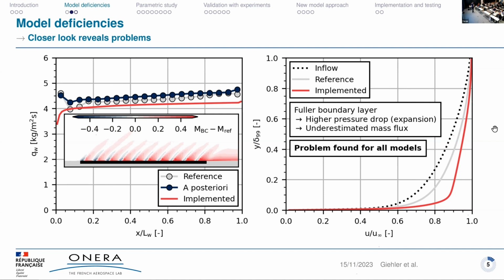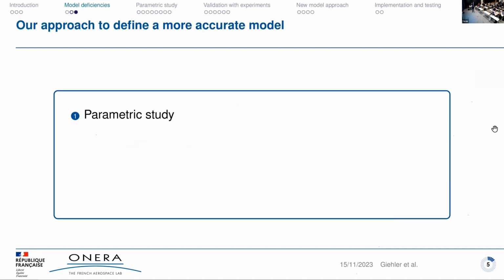But on the other side, as we have more momentum in the boundary layer, we also have a higher deflection, so a stronger expansion fan at the beginning of the blade, and a bigger pressure drop. And so the pressure is not the same as in the reference simulation.